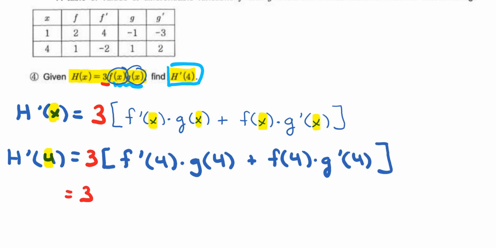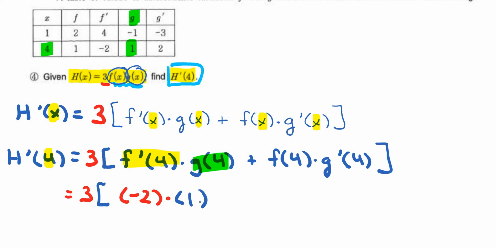So this will be 3 times, okay, now what is f prime of 4? Here's f prime, here's 4, so f prime of 4 is going to be negative 2, right? So this will be negative 2 times. Now I need to find the value of g of 4. Here's g, here's 4, and g of 4 is going to be 1. So negative 2 times 1.